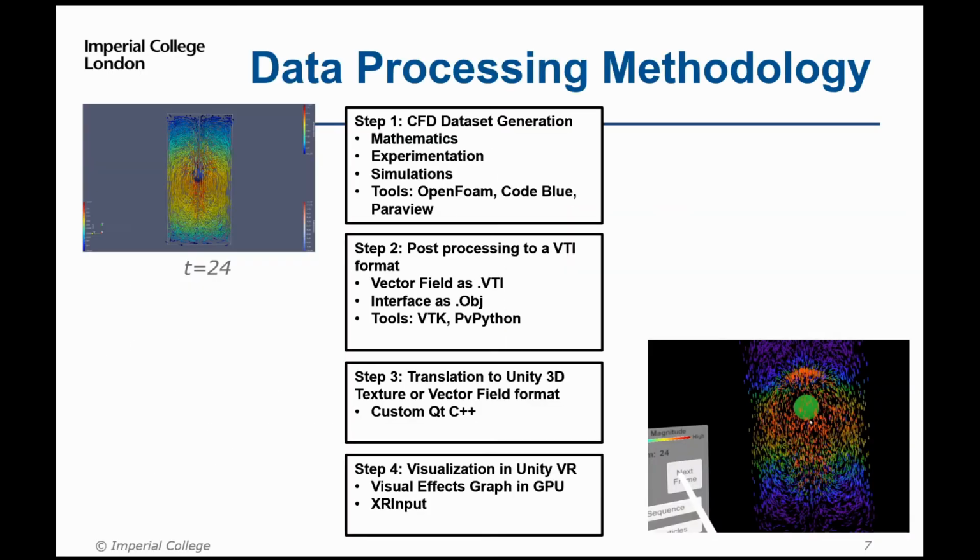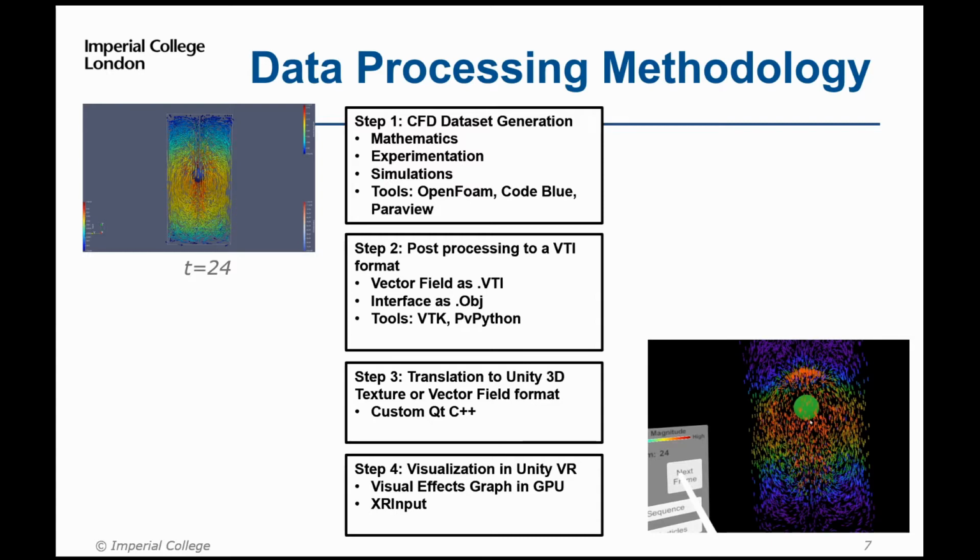Coming to the data processing methodology, the first step is to generate the CFD data. It involves mathematics, experimentation, simulations, and tools such as OpenFOAM, CodeBlue, and ParaView. The second step is to post-process CFD data to VTI format, which is a platform-neutral format. Vector fields are stored as VTI files, and interfaces are stored as OBJs.